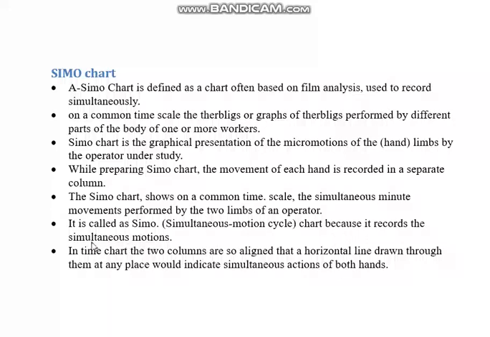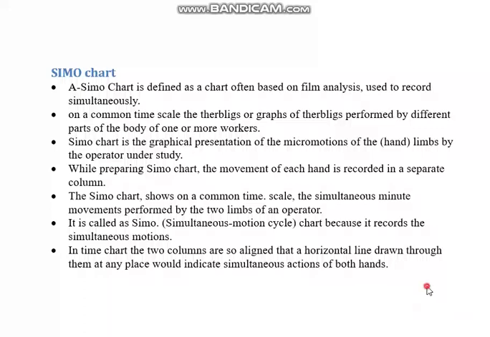Simultaneous means together, that is, left and right hand both together you are doing, that's why it is simultaneous. In the time chart the two columns are so aligned that a horizontal line drawn through them at any point would indicate simultaneous actions of both hands. When we see the diagram you will understand.